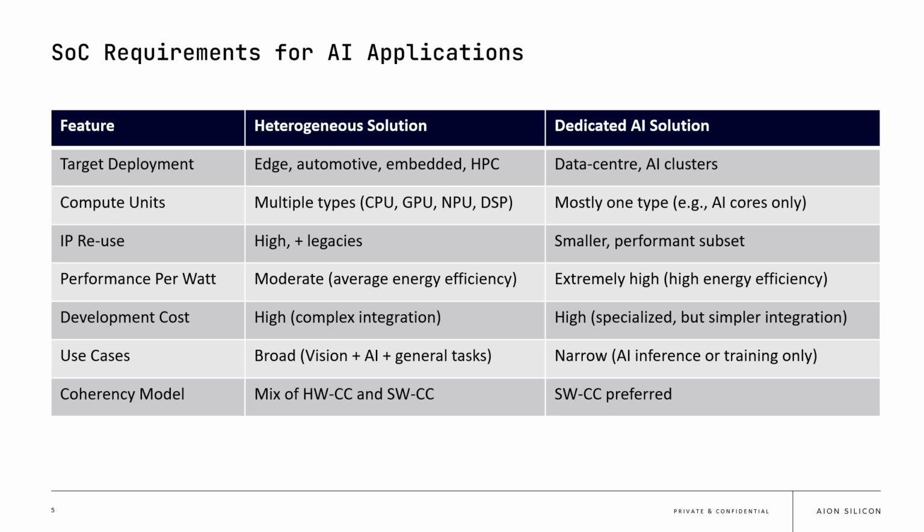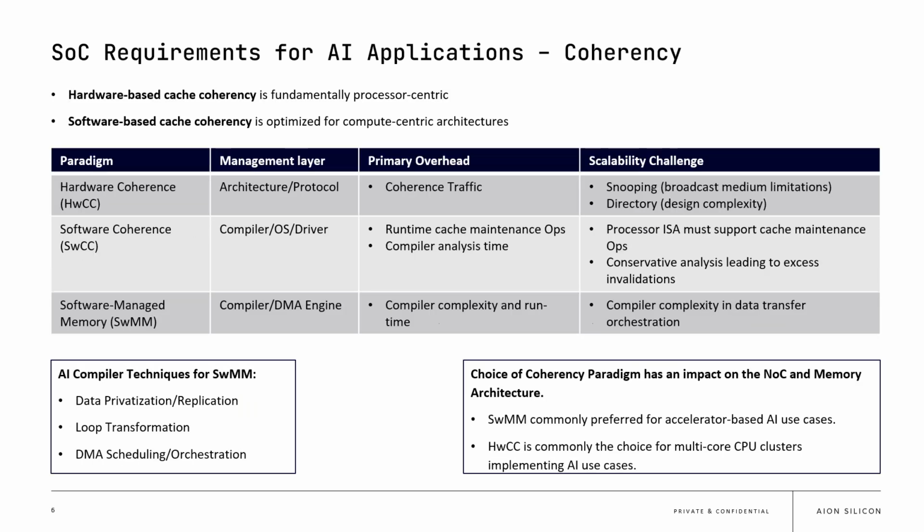So in terms of coherency model, we are seeing two types of coherency. You've got the hardware-based coherency, which is processor-centric, and then software coherency, which is more compute-centric. Hardware coherency is your usual AMBA, AXI, CHI, and more recently CXL.cache and CXL.mem standards.